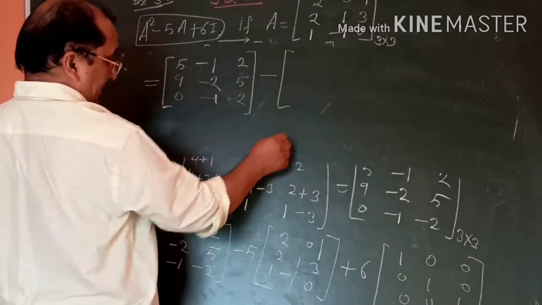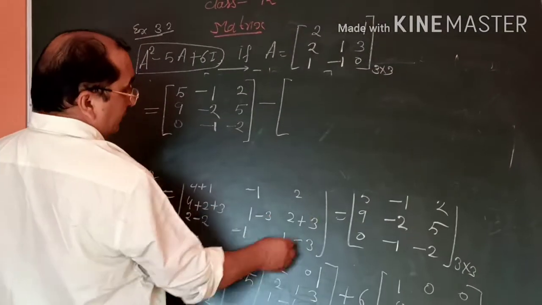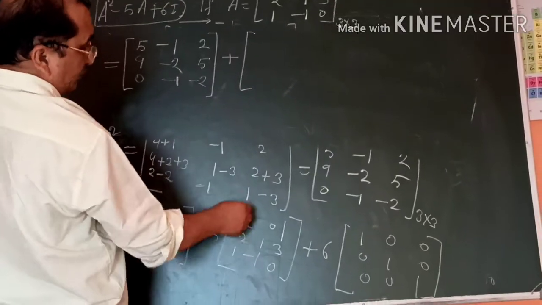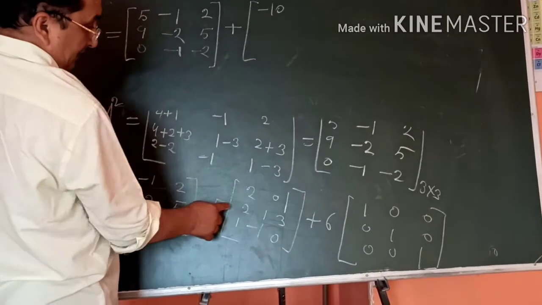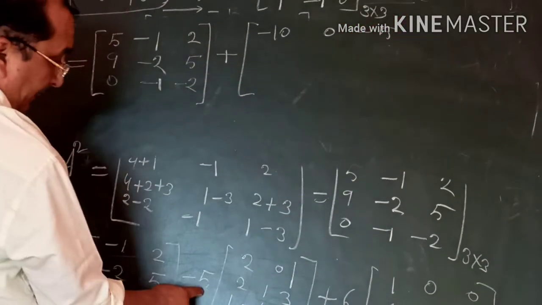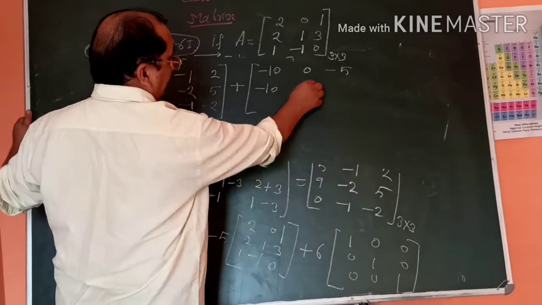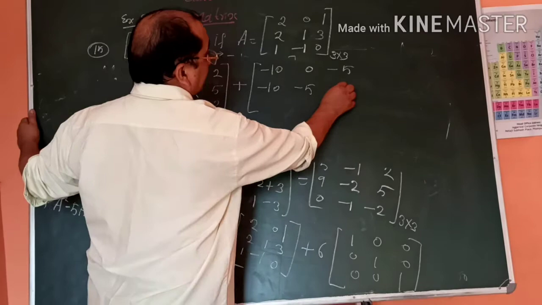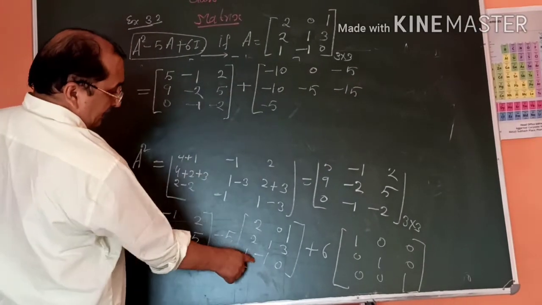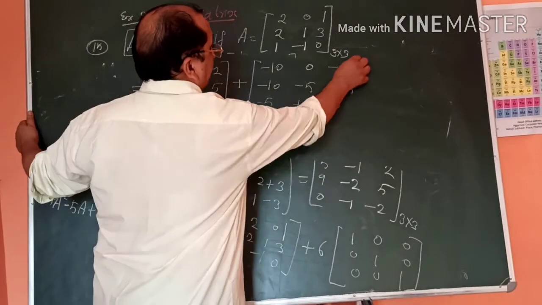Minus 5 is to be multiplied here: 5 twos are minus 10, 0, minus 5; 5 twos are minus 10, 5 ones are minus 5, 5 threes are minus 15; 5 ones are 5, minus 5 ones are plus 5, 5 zeros are 0.